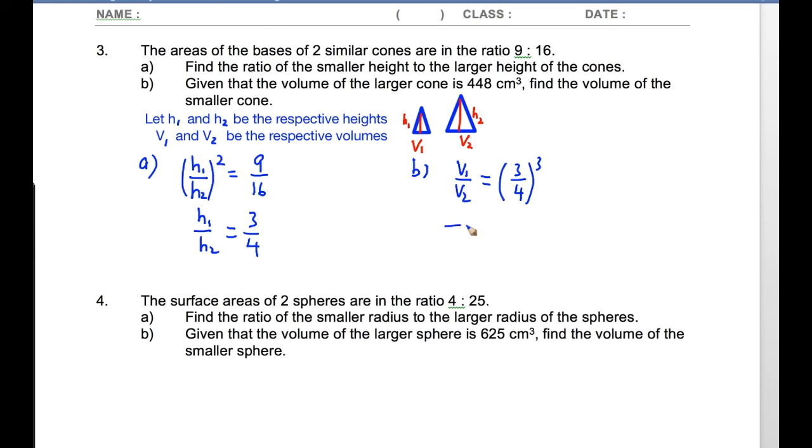Since the larger cone is 448 and this is 27 over 64, working it out, we have the volume is 189 cm cubed. So the volume of the smaller cone is 189 cm cubed.